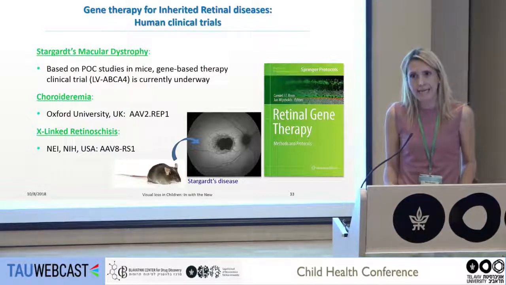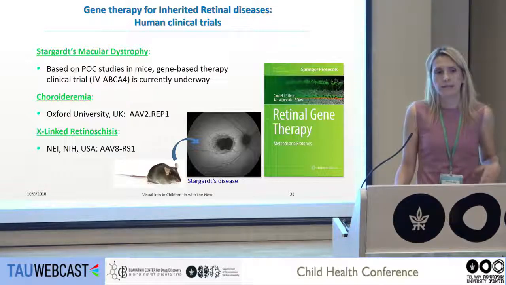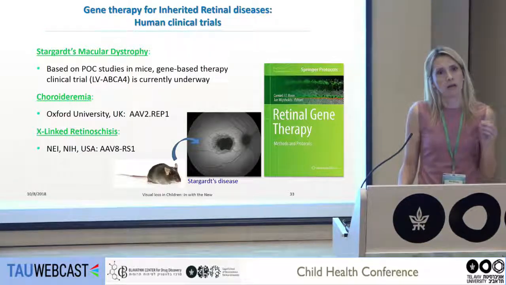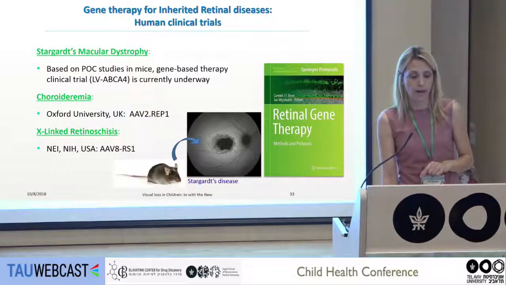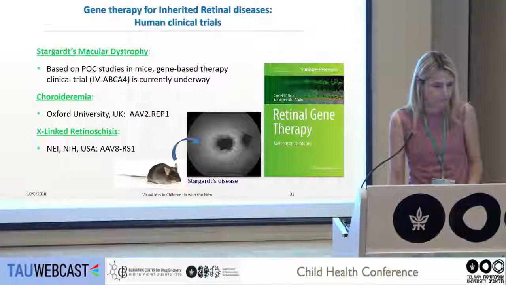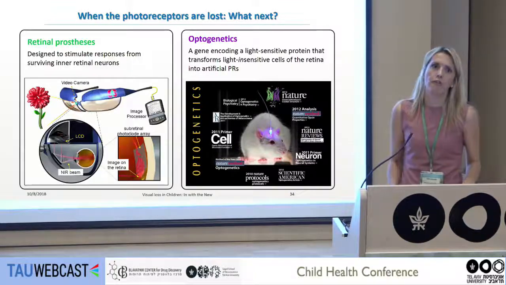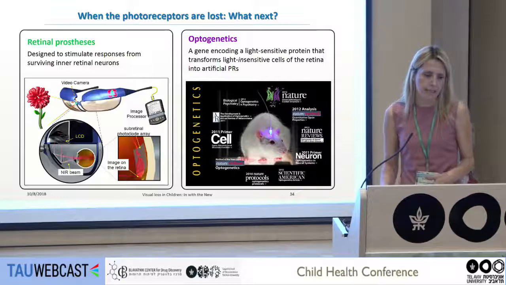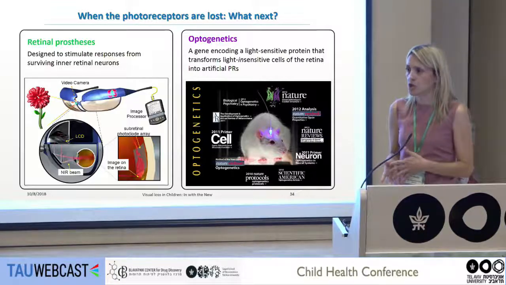In all these cases, the goal is to treat early, to try and stop the degeneration and save as much vision and as much photoreceptor structure and function as possible. When the disease severity is too profound and photoreceptor degeneration is too extensive, alternative approaches may be required for restoration of vision.